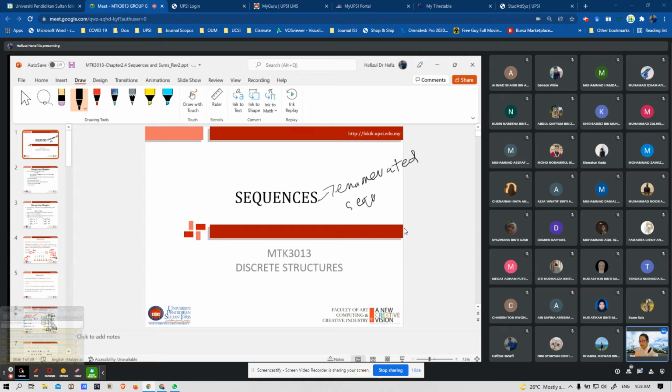Like I said, it contains members, and it also contains members, same as a set. The number of elements is called the length of the sequence. So we have a sequence, and then we have the length.